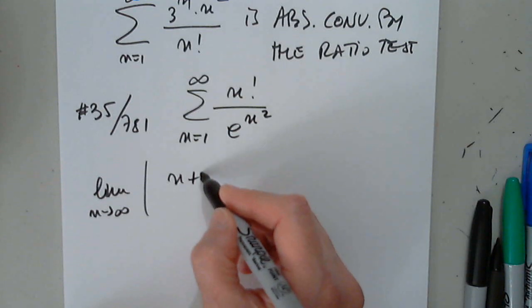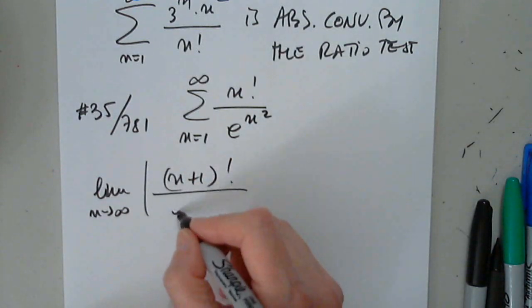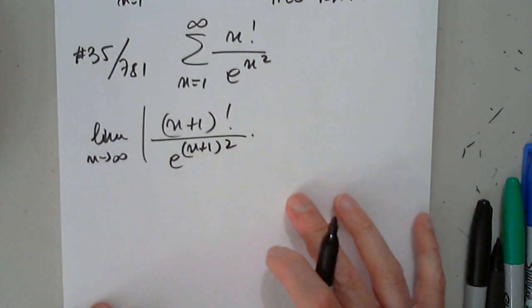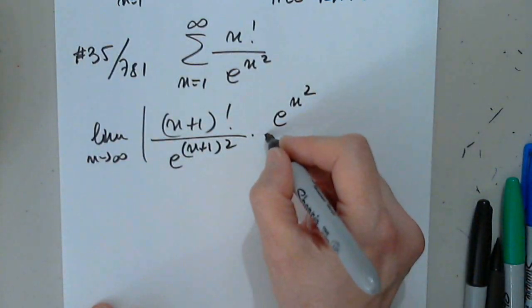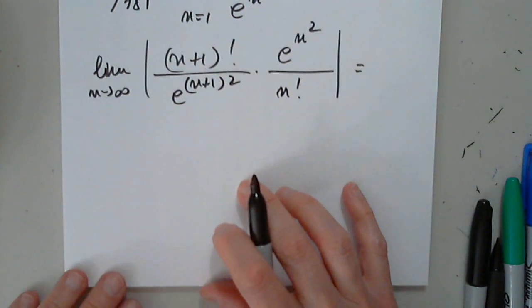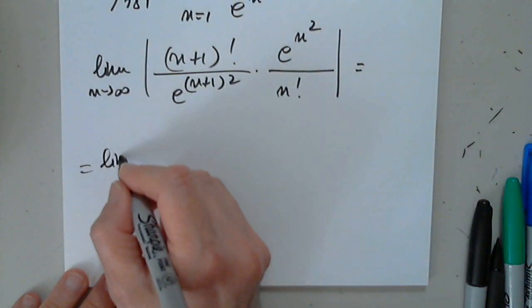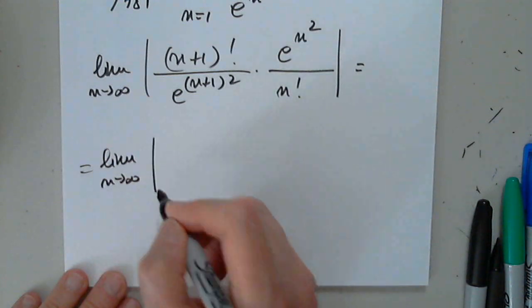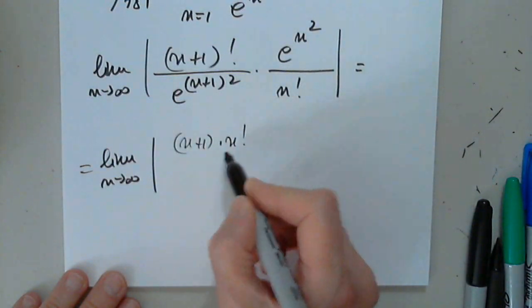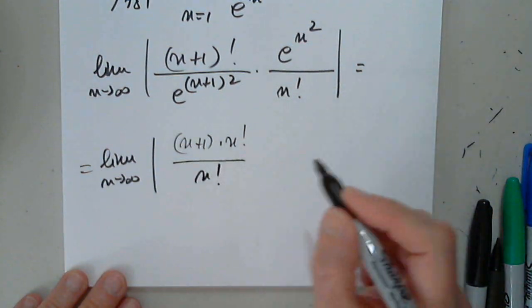So n plus 1 factorial over e to the n plus 1 squared times e to the n squared over n factorial. And let's see what we get in this case. Limit as n approaches infinity. This is again n plus 1 times n factorial over n factorial.